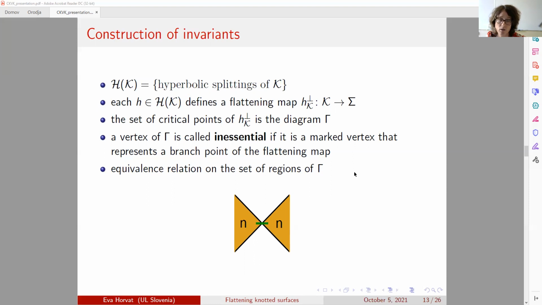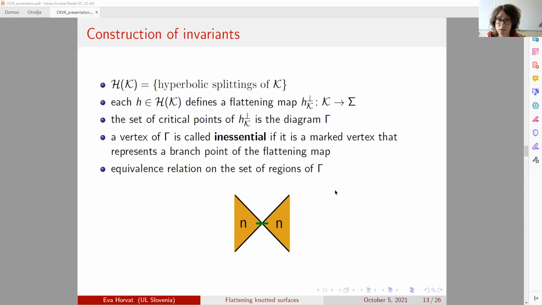So a vertex of the diagram gamma is called inessential if it is a marked vertex that represents a branch point of the flattening map. And two regions of the diagram are then called equivalent if they are incident to the same inessential vertex and actually become identified when we pass from the zero section to its resolution above the zero section.